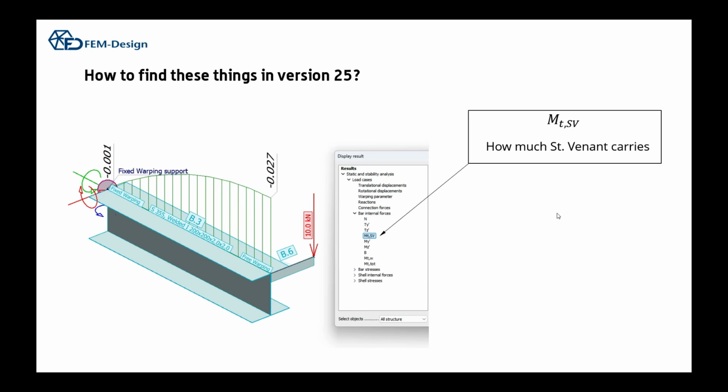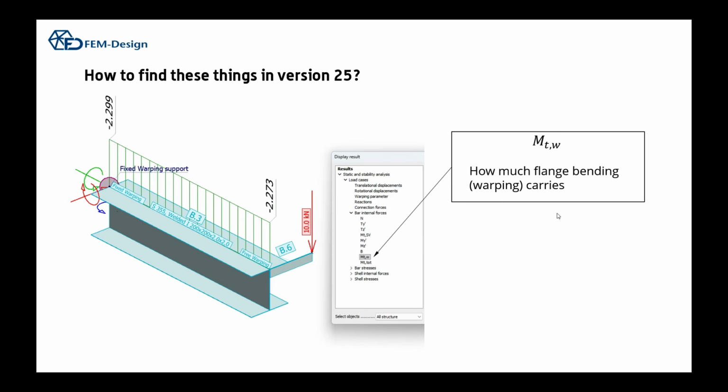And in the result side of our software, the torsion part is now divided into two. So mT SV tells you how much the Saint Venant is carrying the torsion, and mT W or omega is telling you how much the warping, or the flange bending, is carrying the torsion.